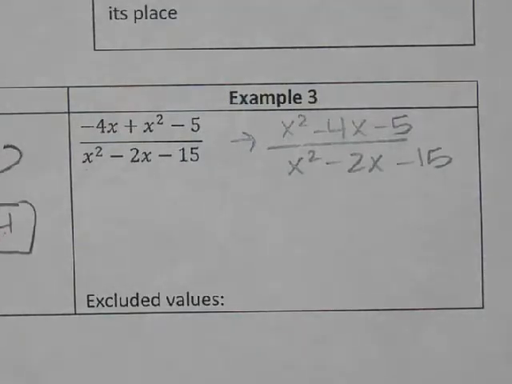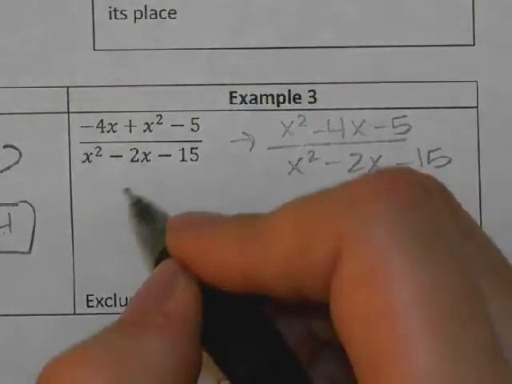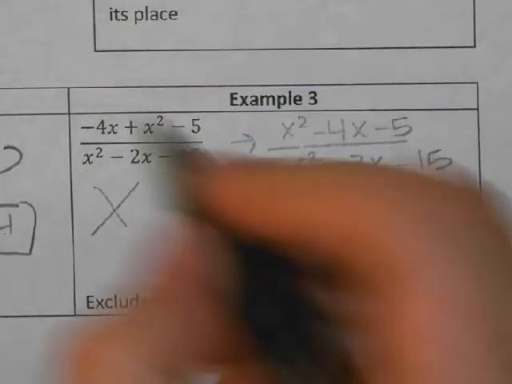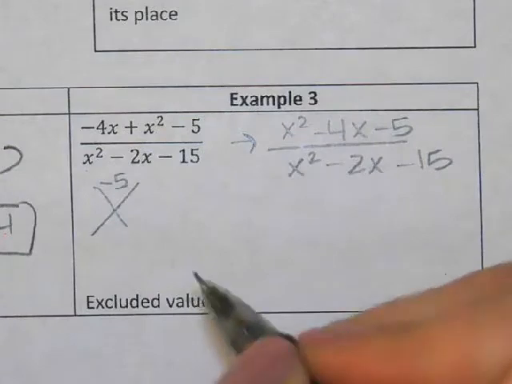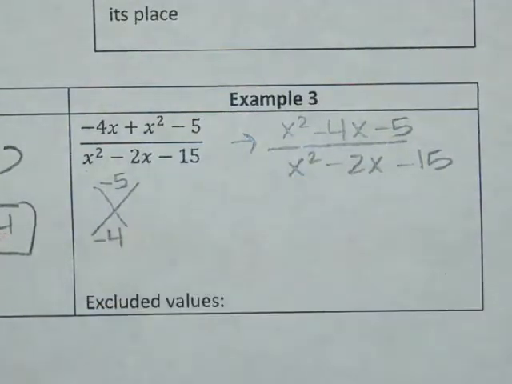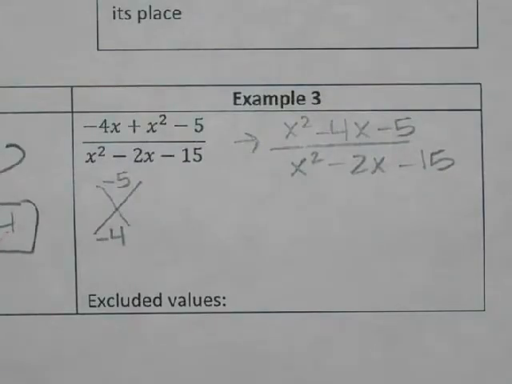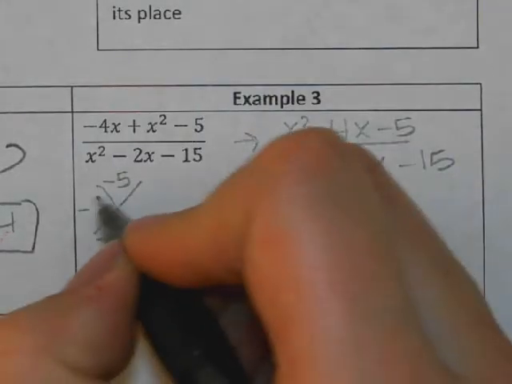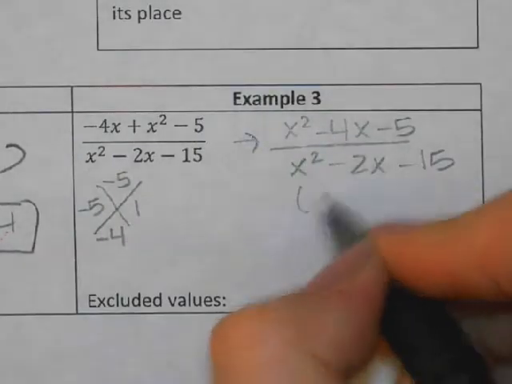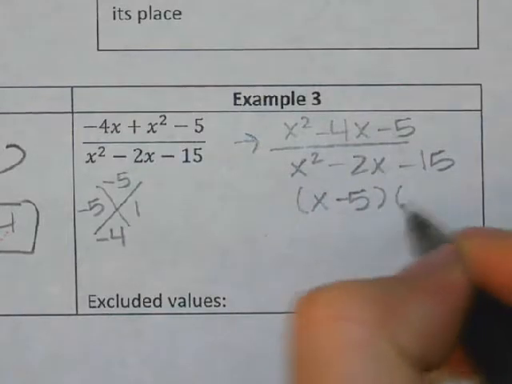So how do we factor the top? Do we have to diamond it? Yeah, so we're looking for what multiplies to negative 5, but adds to negative 4. Negative 5 and 1. So the top is x minus 5 and x plus 1.